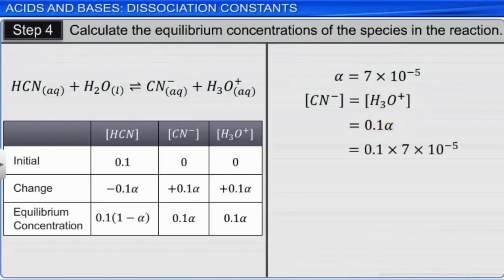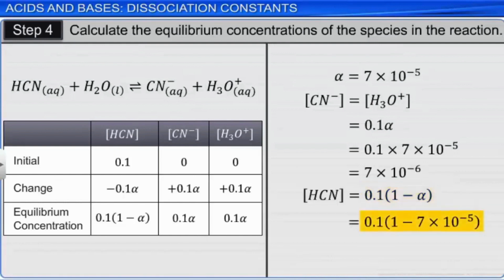This is equal to 7 multiplied by 10 raised to the power minus 6. The equilibrium concentration of hydrocyanic acid is 0.1 multiplied by (1 minus alpha), can be written as 0.1 multiplied by (1 minus 7 multiplied by 10 raised to the power minus 5). This is equal to 3 multiplied by 10 raised to the power minus 6.